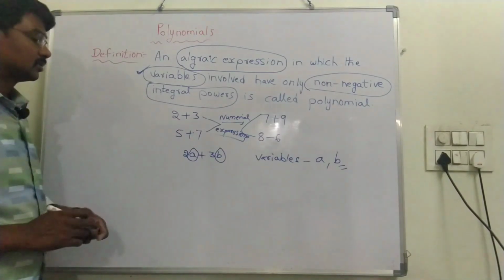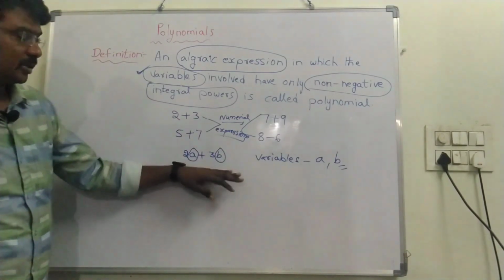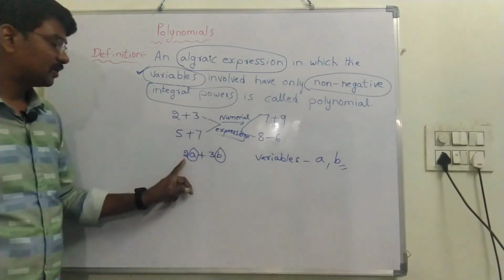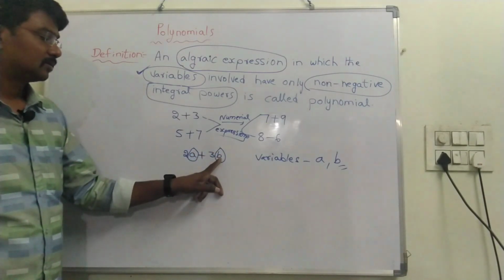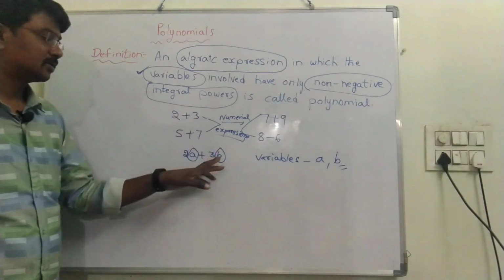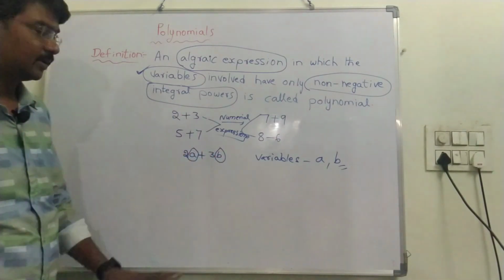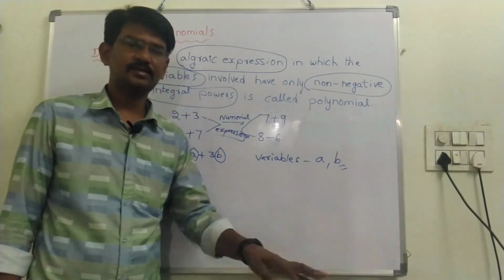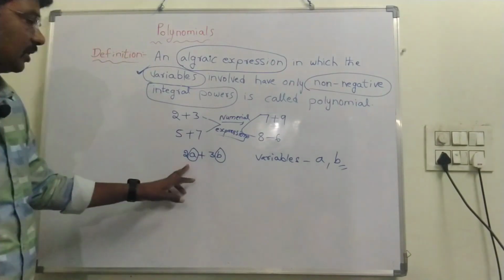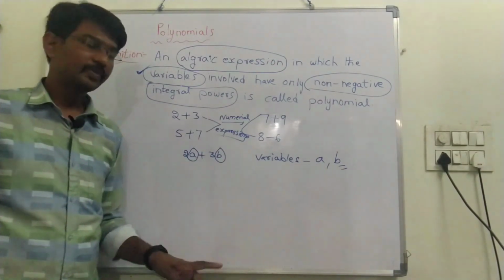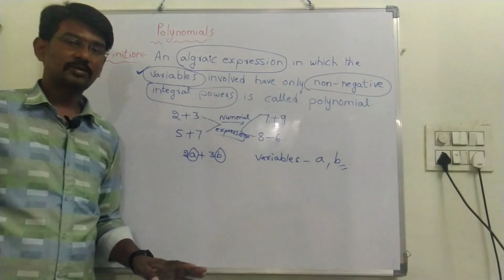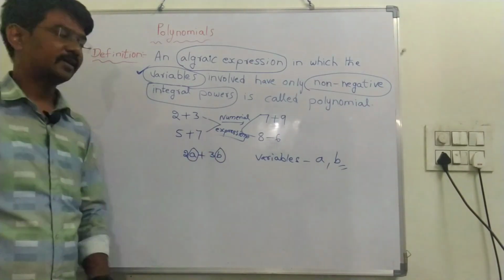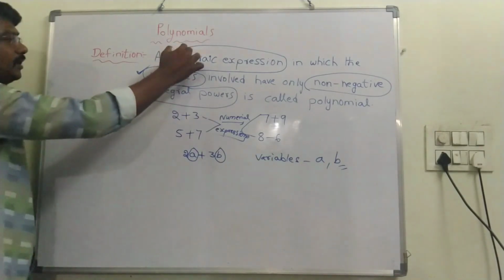So, when there is an expression including numbers along with English letters, whether m, n, y, z, x, a, b, c, whatever it may be, they are called algebraic expressions.